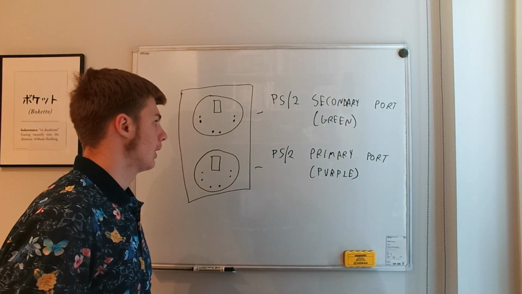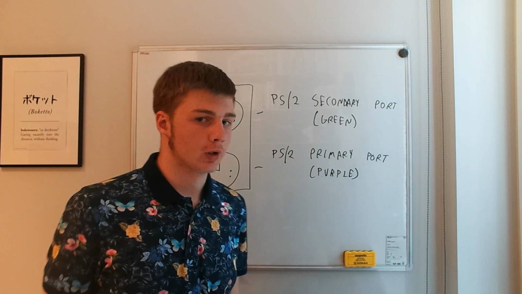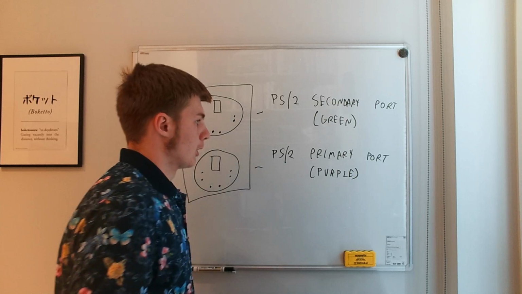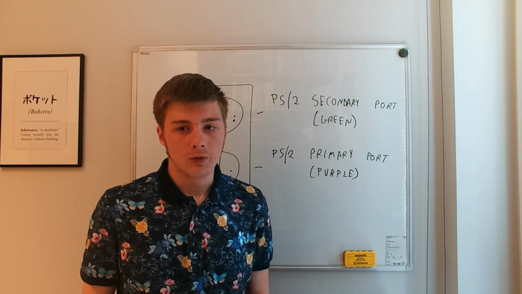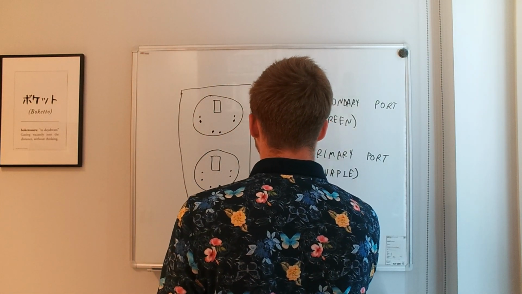So anyone that has used these knows what they're basically for and what you usually plug into them. This PS2 primary port, it can be very safely assumed that what is connected to this is a keyboard.